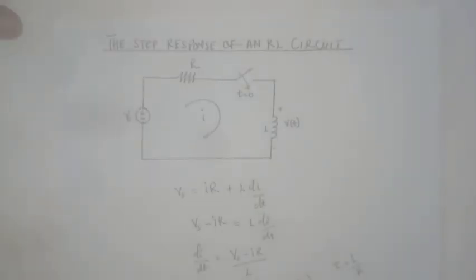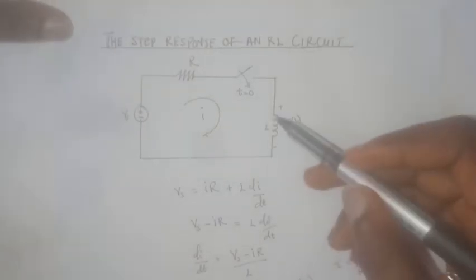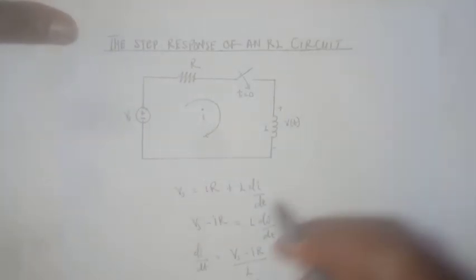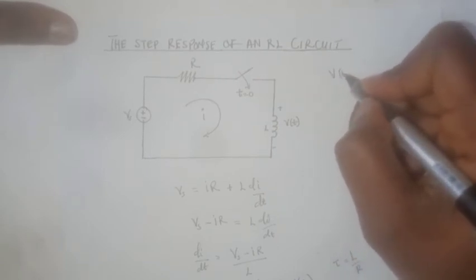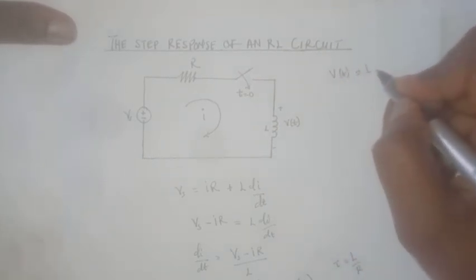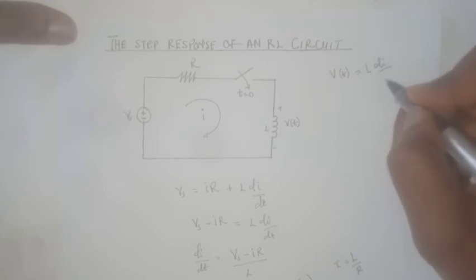Now, if we wanted to know the voltage across this inductor at any point in time, we just have to recall that V of t is equal to L di dt. So what we just have to do is to differentiate this.